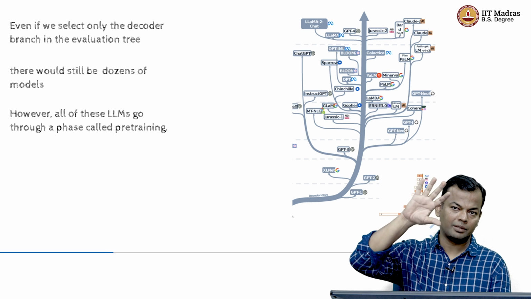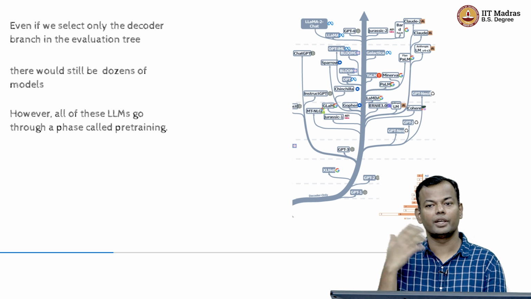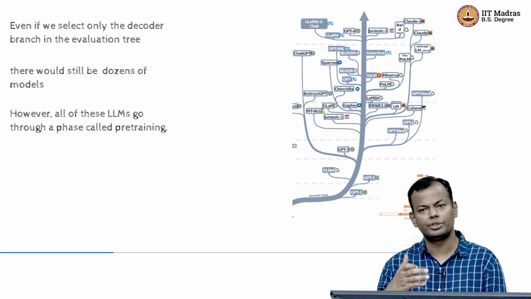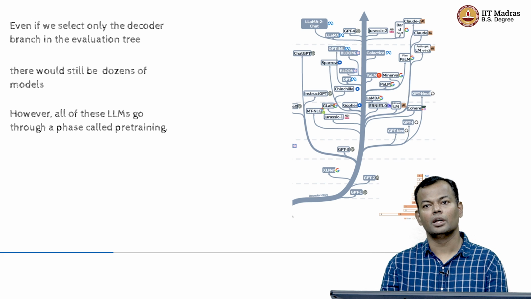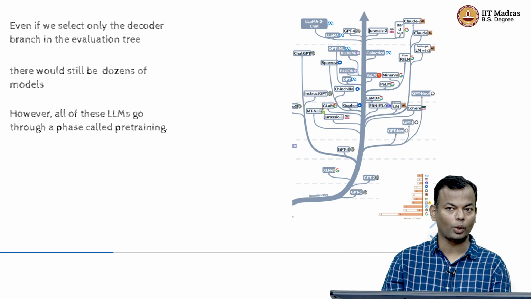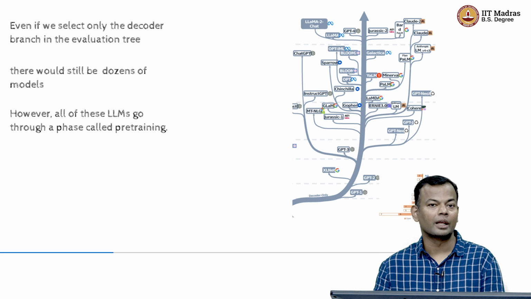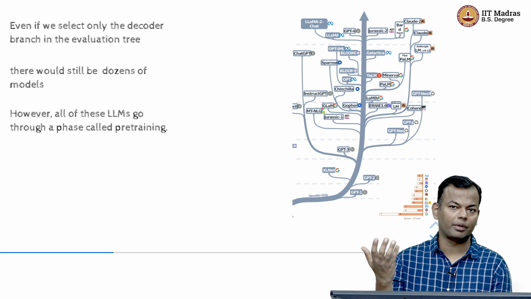So all of these models, right, they go through a phase called pre-training, right, where they are pre-trained on a large amount of text data, and they do something known as next token prediction, right, which means they try to predict the next token given the previous k tokens, and then there's a loss function defined on top of that. And you can train this with very large amounts of data, because any text from the web you can take, right?